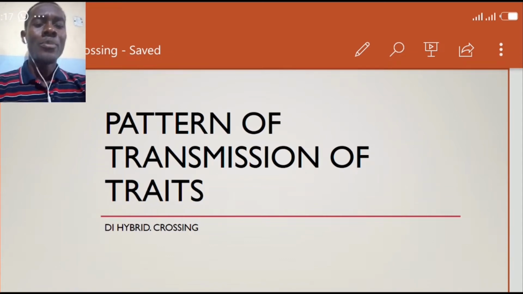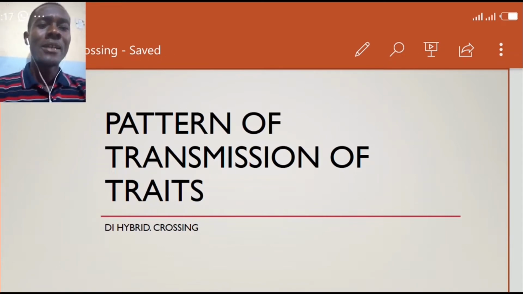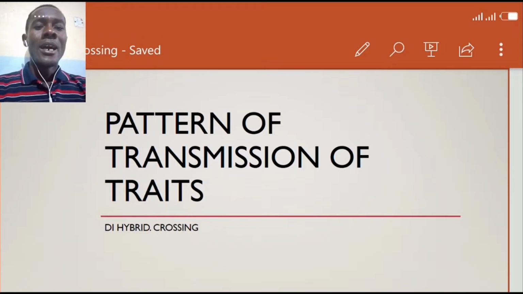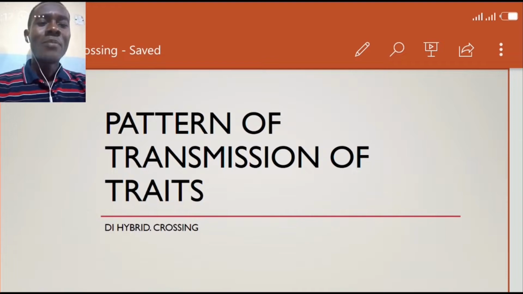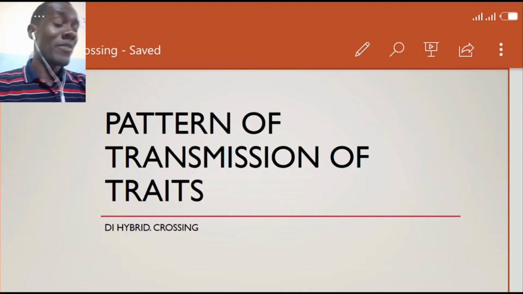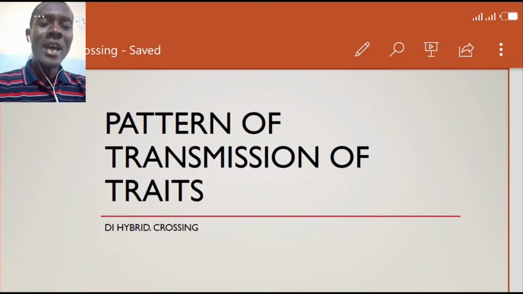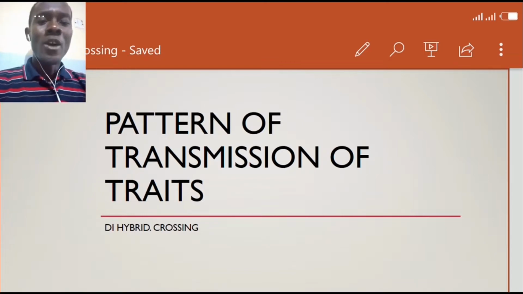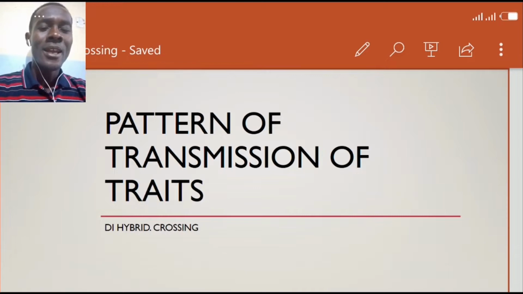In today's topic, we're going to be treating patterns of transmission of traits. And our subtopic will be on dihybrid crossing. In our previous lesson, we discussed monohybrid crossing, single factor inheritance. In this one, we are going to be treating the transmission of two traits simultaneously.